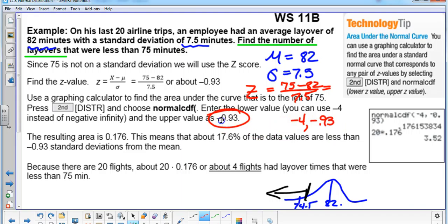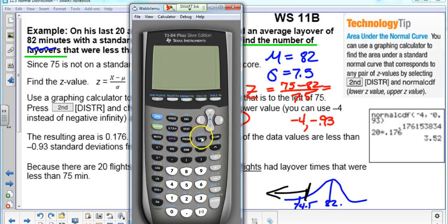It is actually possible, don't try to do this, okay? It is actually possible to have the calculator draw the curve, and I'm pretty sure I won't even be able to get this to work because you have to have a very specific window. That's why I'm telling you not to do this, because we're not going to bother. But if I go here to shade normal from negative 4 to negative 0.93, I'm going to set my window from negative 4 to 4.